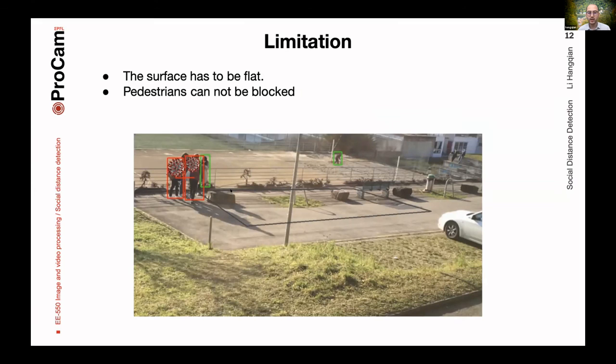Also, if there's a stone in front of the people, the bounding box becomes shorter than it should be, so when calculating the distance between those two people, it's not accurate. Actually, these two people should be within 1.5 meters, but when calculating, it's marked green, which is not correct.